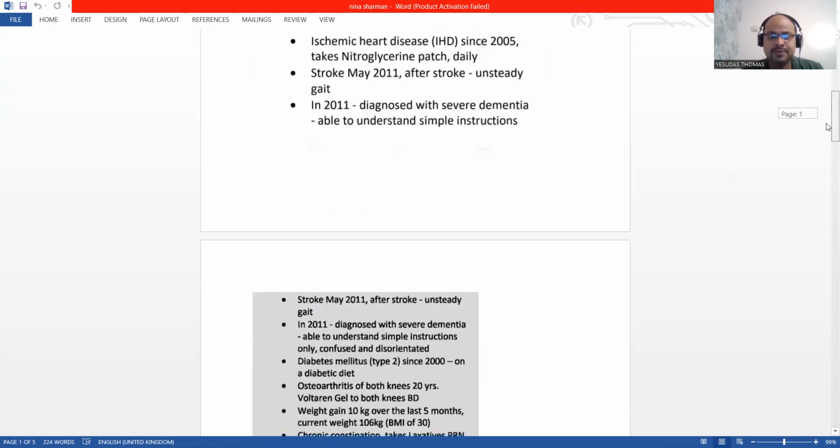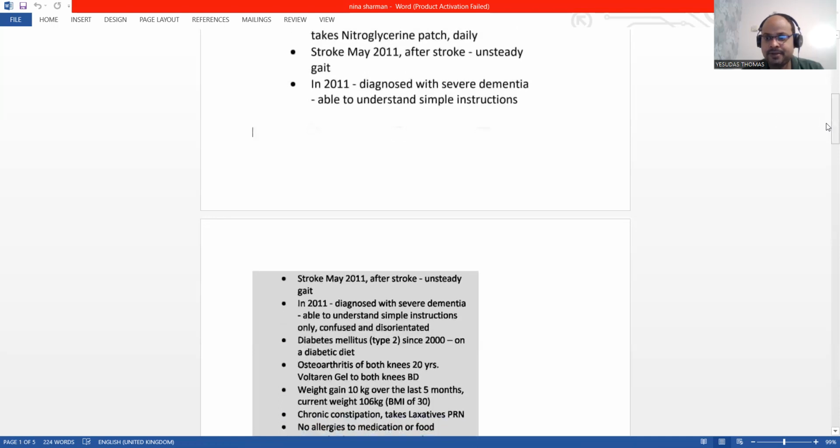Now, we have some lifestyle diseases which you have to include in the medical history. One is IHD, that is ischemic heart disease. Another is diabetes mellitus. You can see here in the medical history, diabetes mellitus and ischemic heart disease. So these things have to be written.